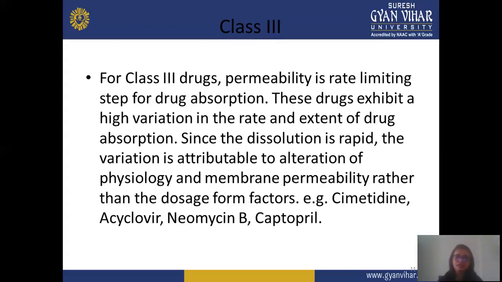Next, class 3. For class 3 drugs, permeability is the rate limiting step for drug absorption, and these drugs exhibit high variation in the rate and extent of drug absorption. There is a permeability issue, permeability is rate limiting, and the solubility is high. Since dissolution is rapid, the variation is attributed to alteration of physiological membrane permeability.